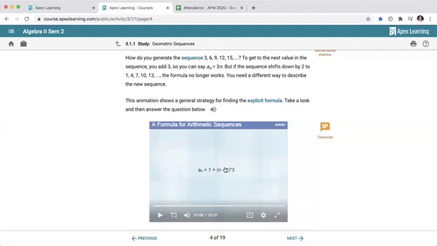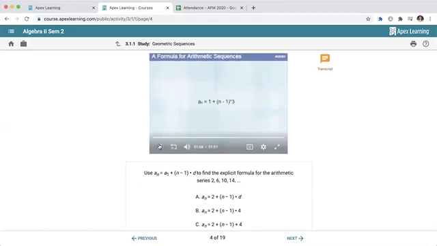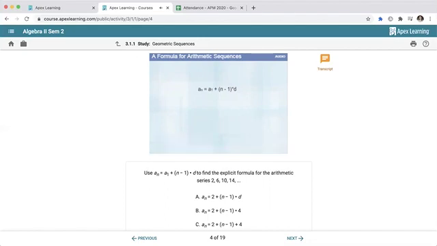So by subtracting 1 every time, we're accounting for our shift down. This same pattern works for any arithmetic sequence. If we know the first term, A1, and the difference between consecutive terms, D, then to find the nth term, we can use the formula AN equals A1 plus N minus 1 times D.